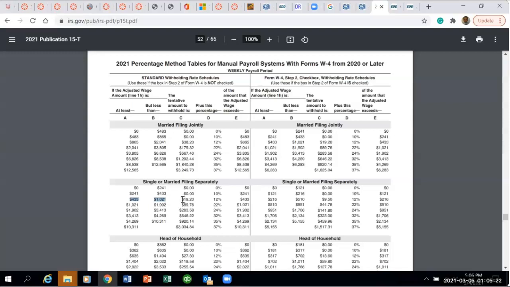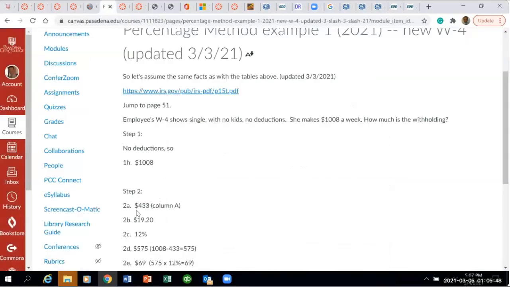And the basic is 1920 plus 12% above the minimum. So basic is 1920 plus 12% of whatever is over 433. Here we go. So step 2 is the minimum is 433.